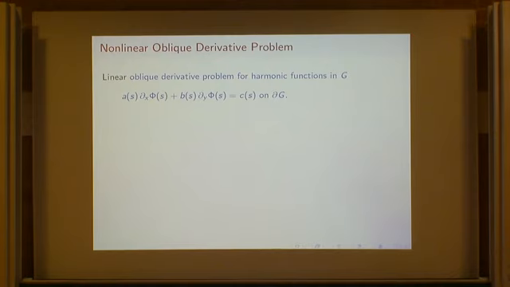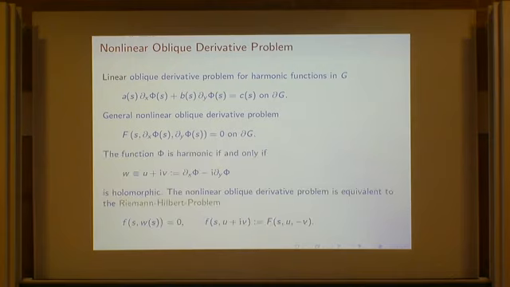This is a nonlinear version of what is sometimes called an oblique derivative problem for harmonic functions, where we have given coefficients for the derivatives with respect to x and y, and some right-hand side. So we have a nonlinear oblique derivative problem for harmonic functions.